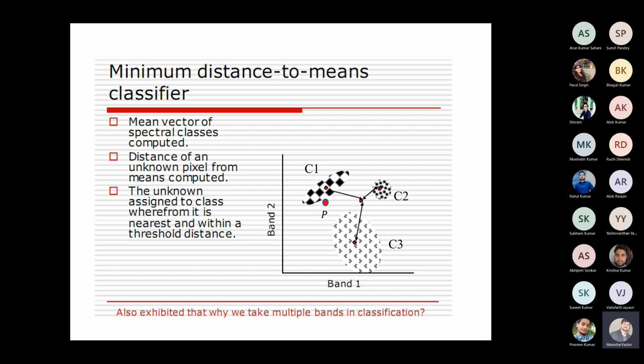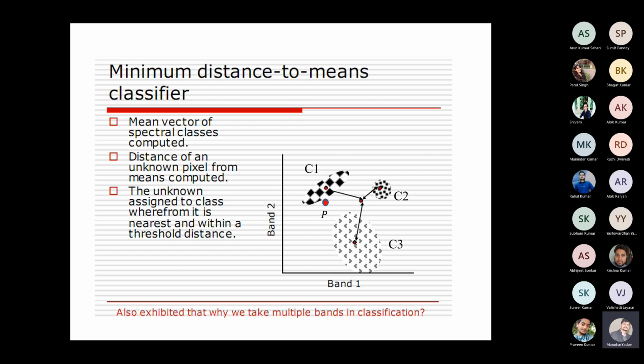Let's say for C1, the mean in bands B1 and B2 comes out to be DN C1 B1 and DN C1 B2, and the input pixel selected has DN1 and DN2.